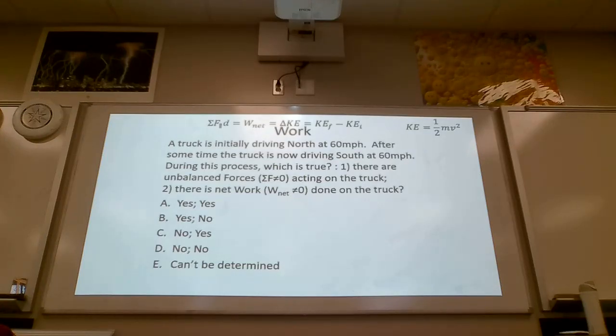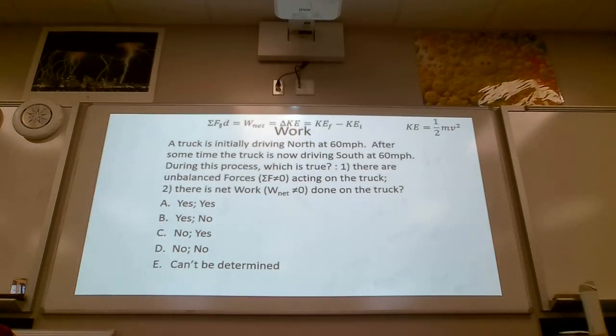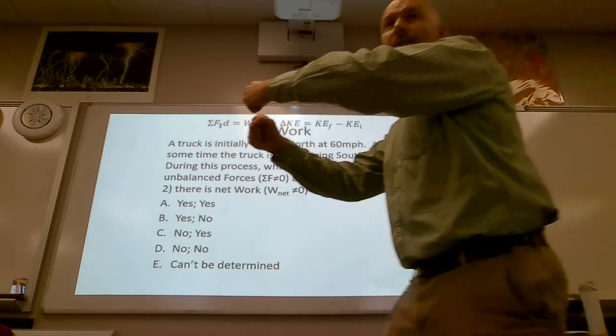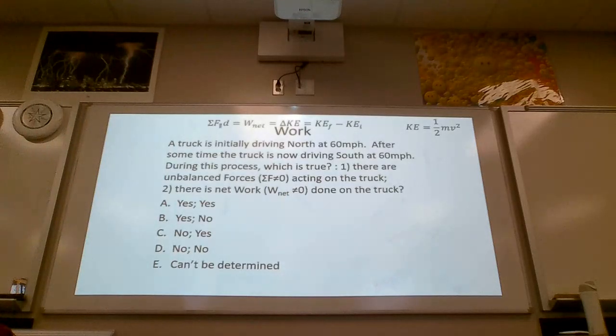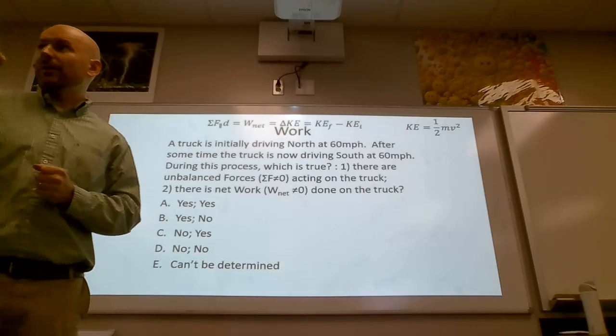How's that possible? Because the negative work done by the brakes, by friction, is added to the positive work done by the engine. So at the end of that story, the net work was 0.